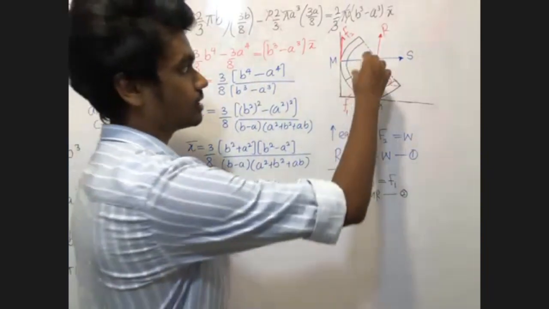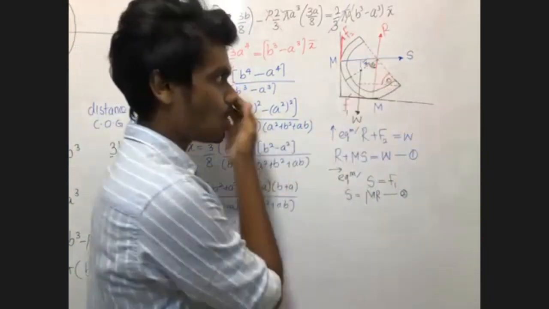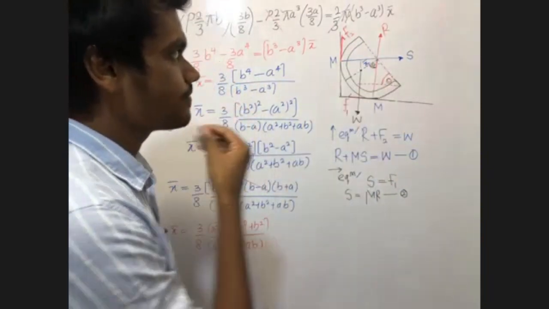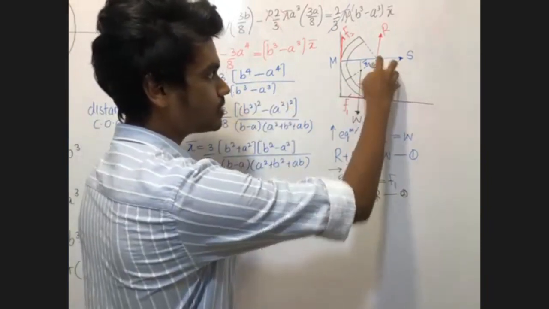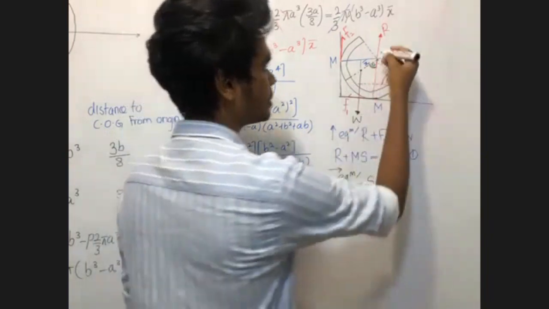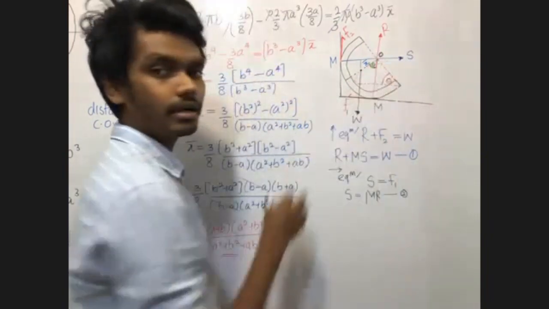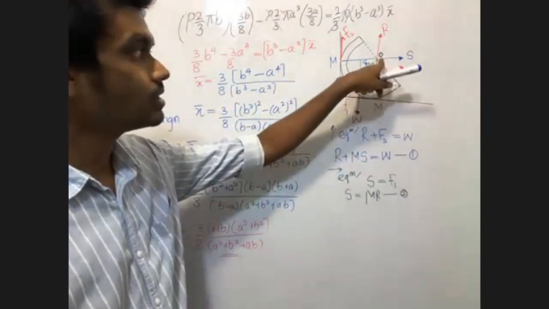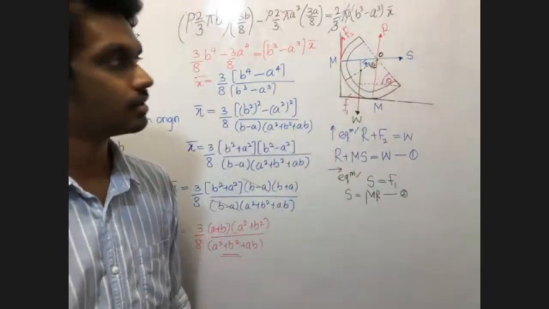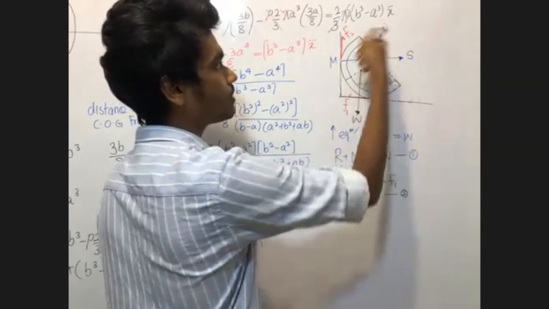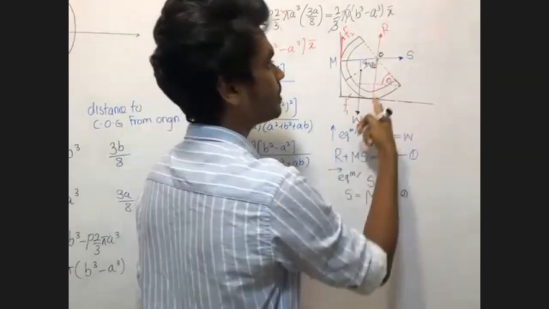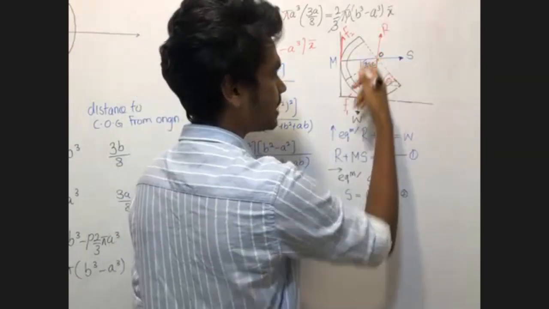So now we are going to take moment around this center point. This is O. When you take moment, R or S will not come into the equation because they go through the point where I take the moment.